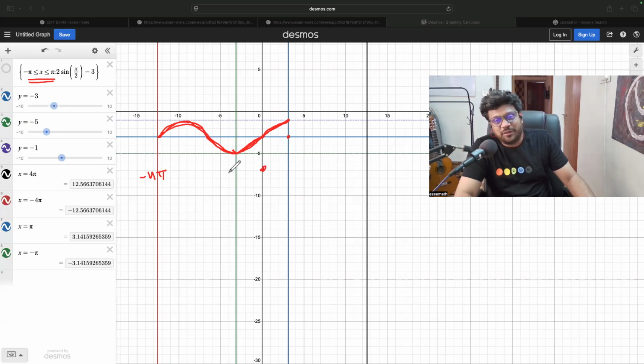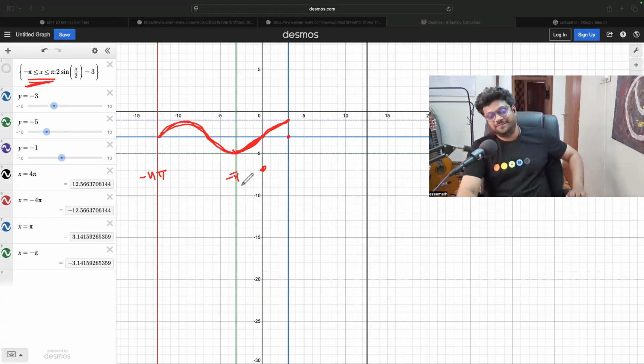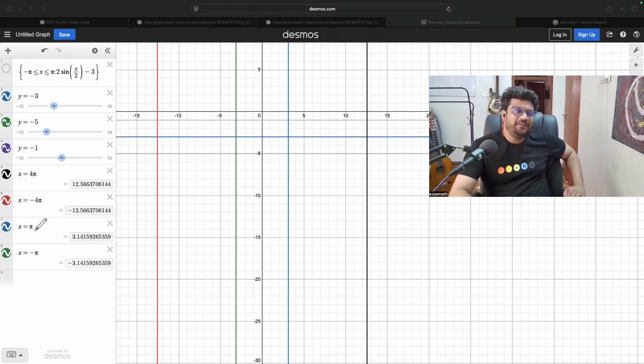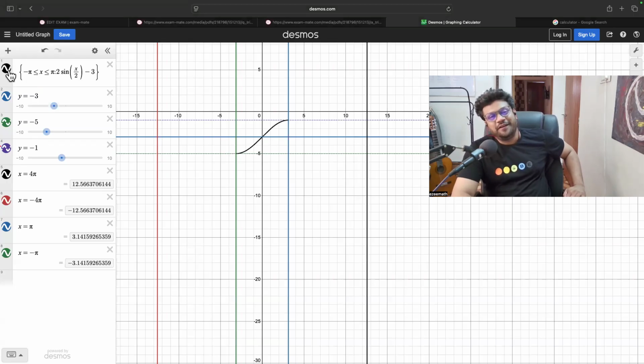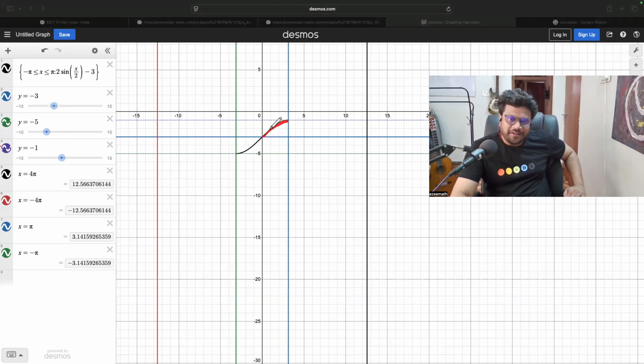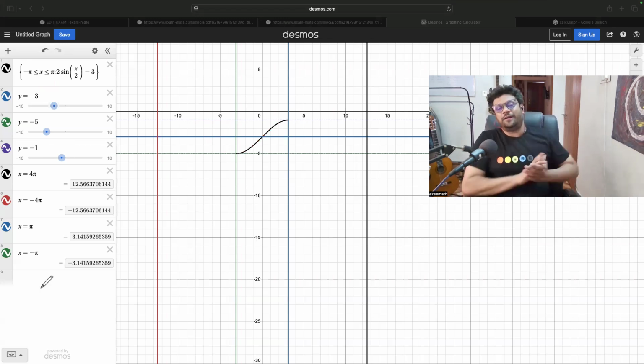But I'm supposed to be between 0 and minus pi on the domain. So I'm going to only take this part of it, this quarter of it. And that is why my curve is going to look like that. Only this quarter and that quarter. And there is your sketch done.